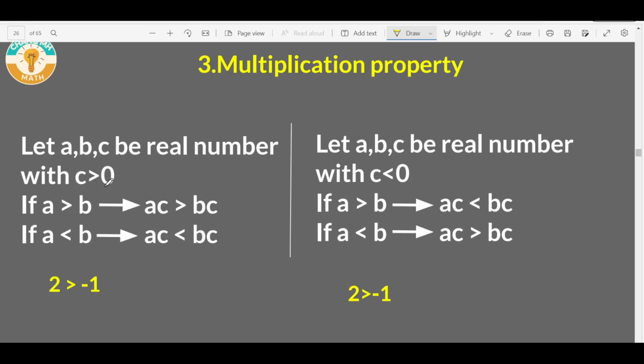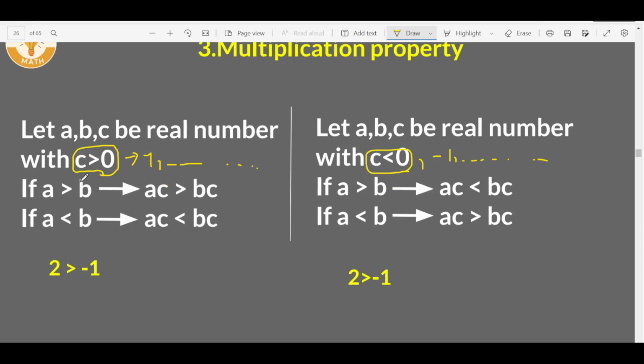The first is when you multiply by c where c is greater than 0, which means positive values, starting from +1 to all positive numbers. And the second case is when the value of c is less than 0, which means negative values like -1 and below.